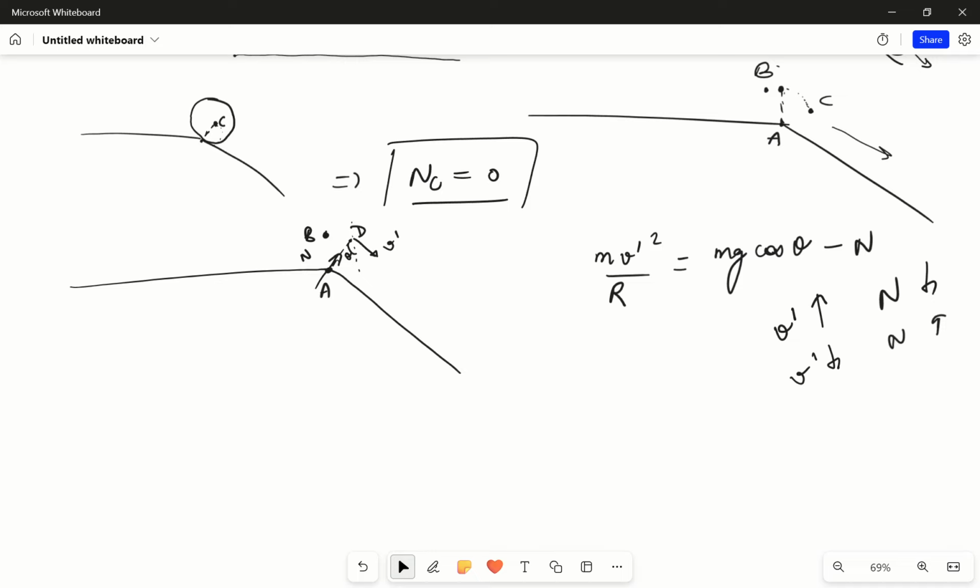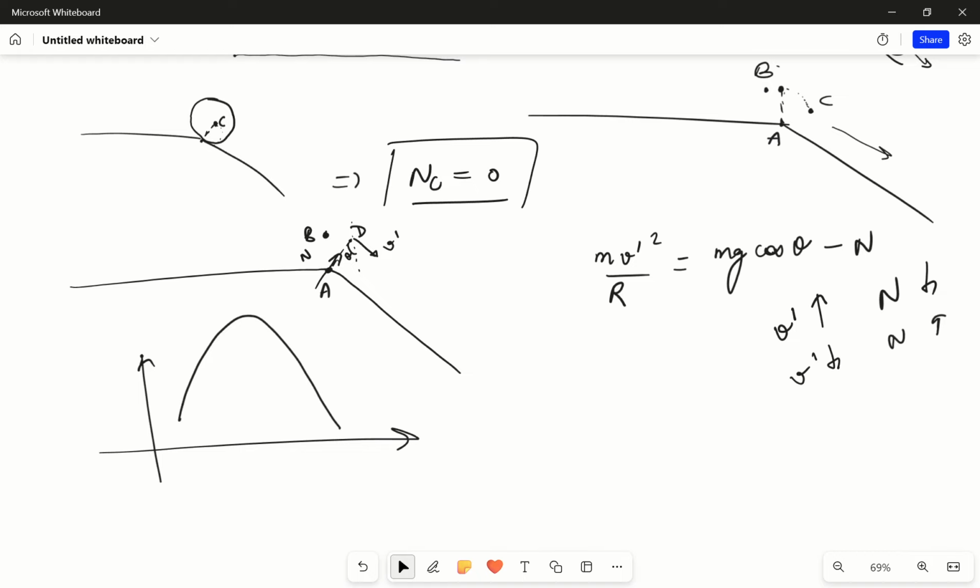So if we consider v dash was infinitesimal, then the normal should increase to attain some value. In this way we can see that the velocity and normal are inversely proportional. So for some point, the velocity versus normal graph would be something like this, right?